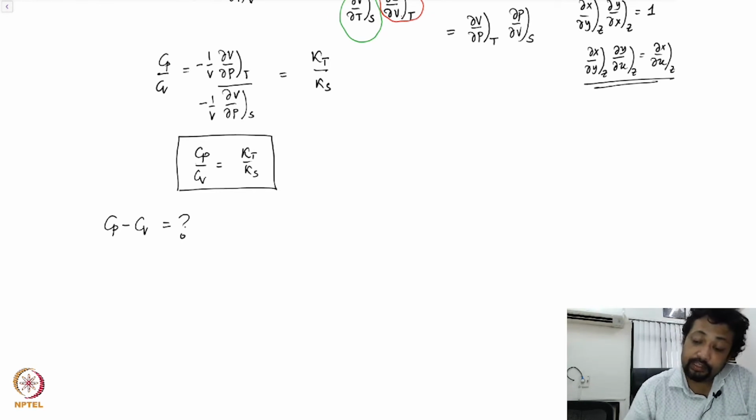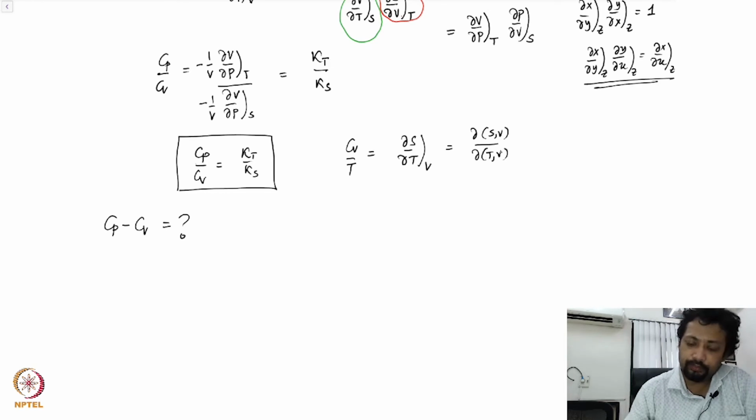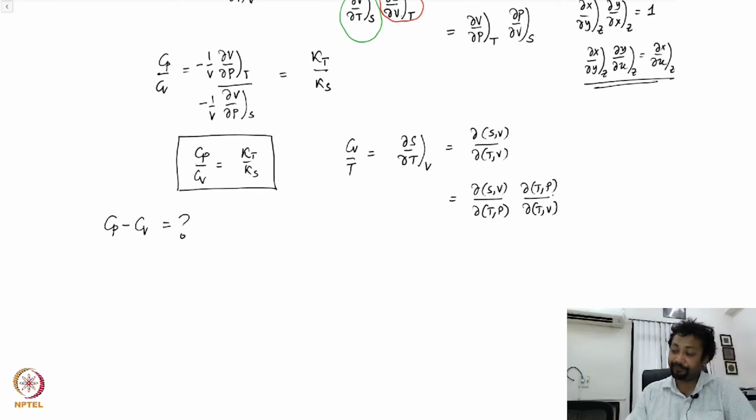So for this, let's start off with Cv over T. Now Cv over T is (∂S/∂T) at constant volume, which I write as ∂(S,V)/∂(T,V). There is no problem in writing that. I will rearrange this Jacobian to introduce ∂(T,P), so ∂(S,V)/∂(T,P) times ∂(T,P)/∂(T,V).